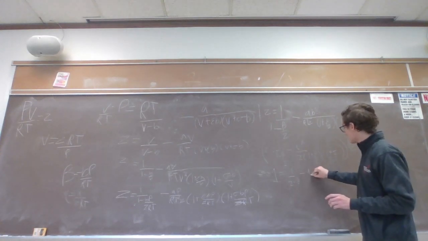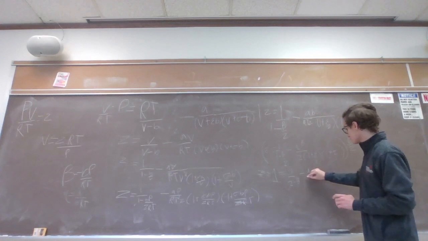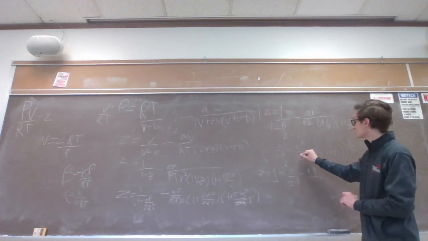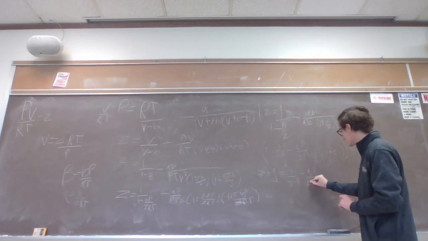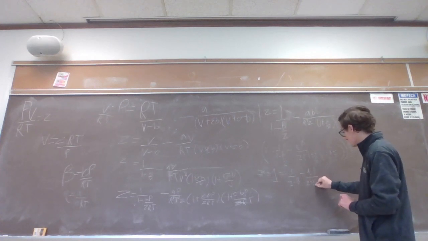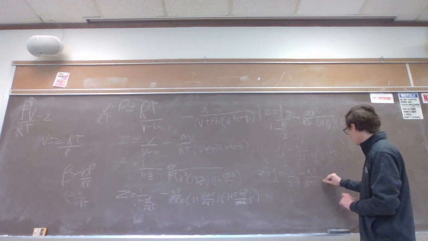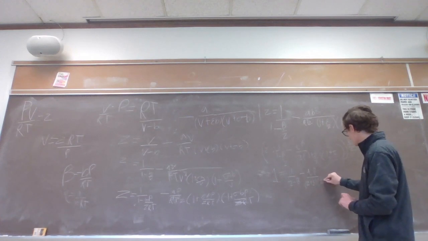Minus Q beta over, if we have Z squared up here, we can actually distribute. So we have Z plus epsilon, and then we have Z plus sigma.